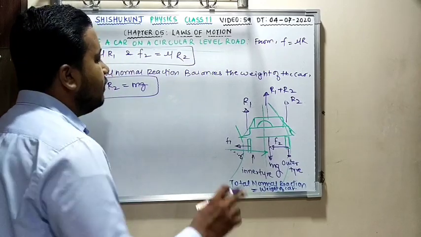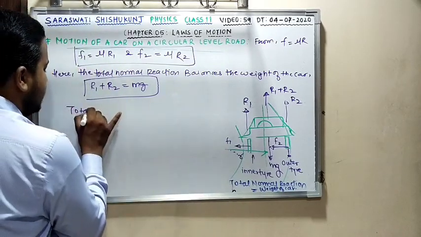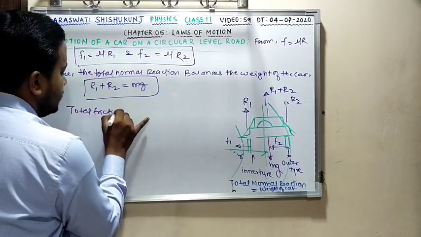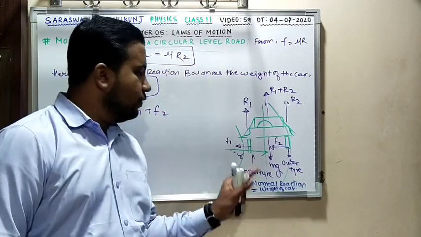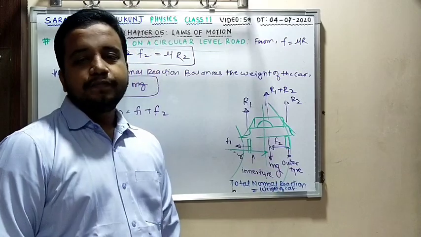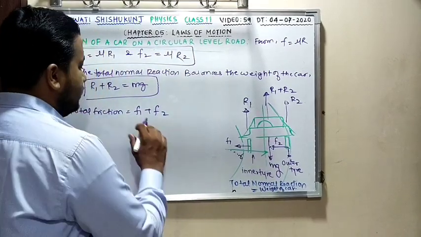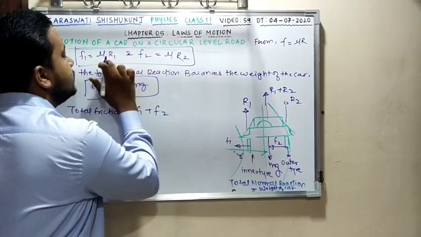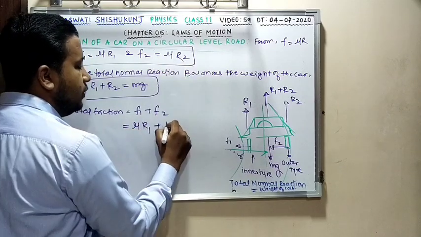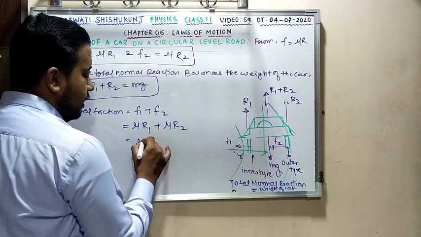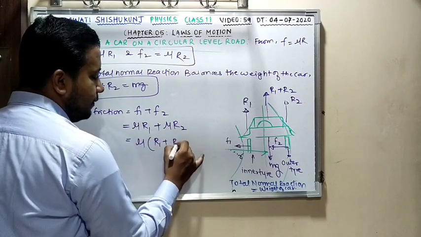Clear? Now if I want to calculate the total frictional force, I have to add two frictions: first due to the inner tire and second due to the outer tire. For the inner tire, F1 is equal to mu R1, and for F2 I have mu R2. Taking mu common, I get mu times R1 plus R2.